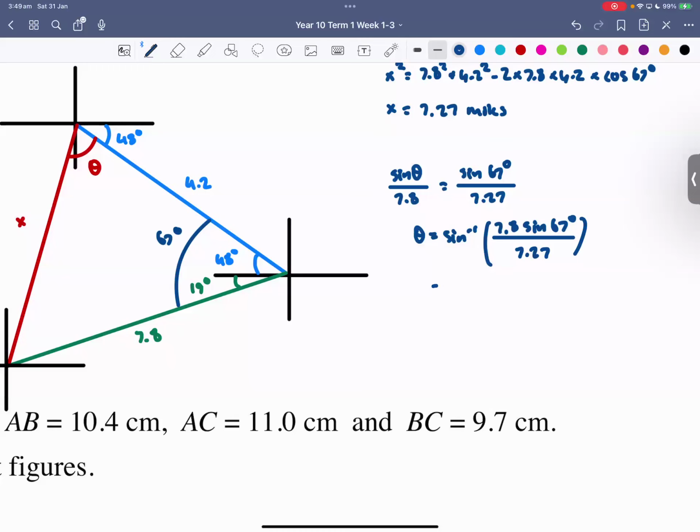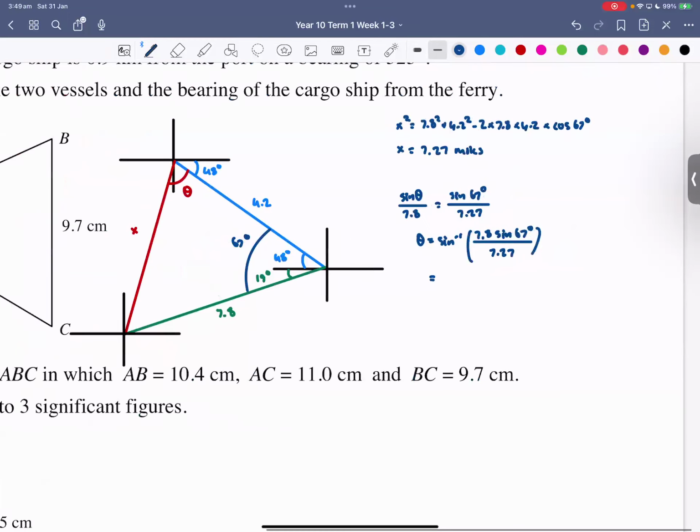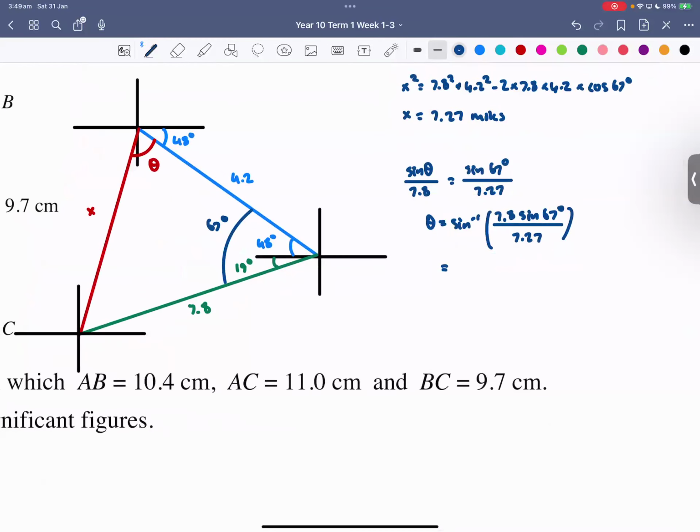All right, who's got the acute version, by the way? 81.0 degrees, or 180 degrees take 81.0 degrees, which is 99.0 degrees.